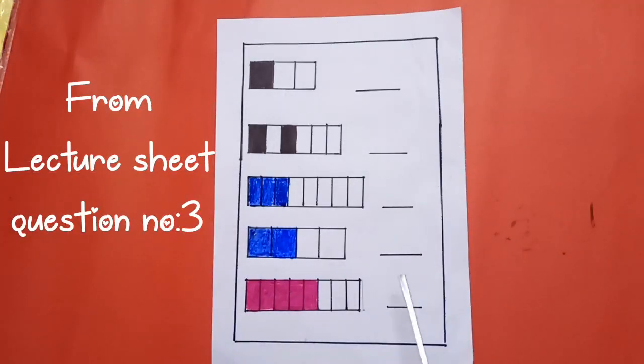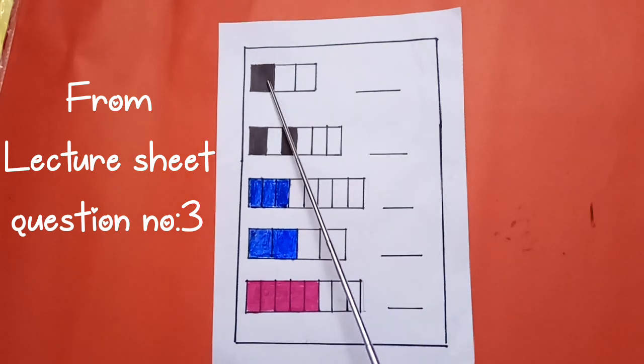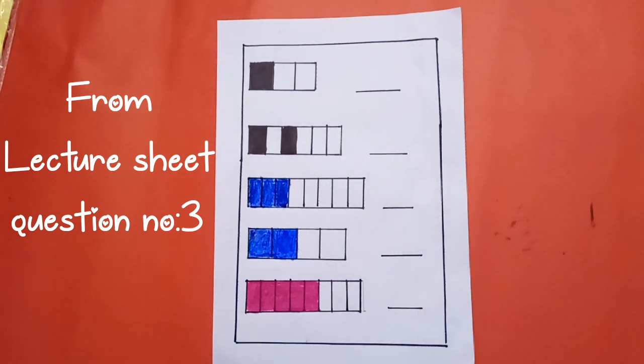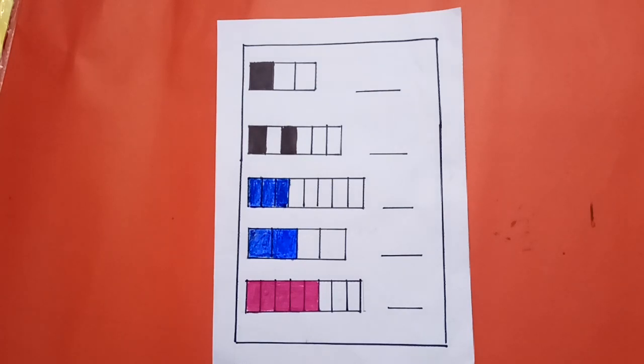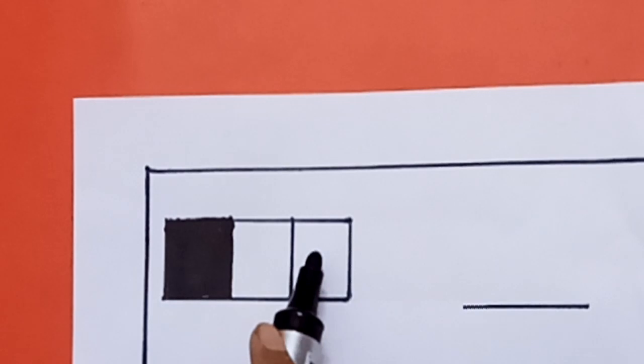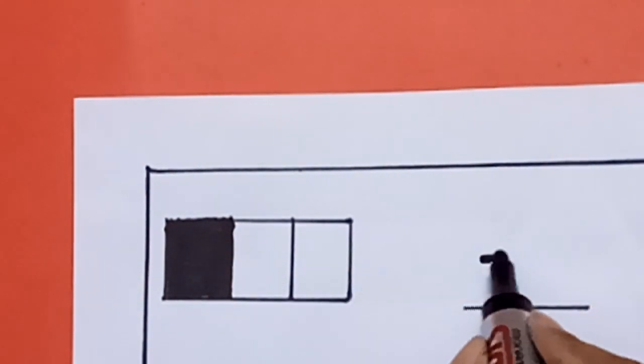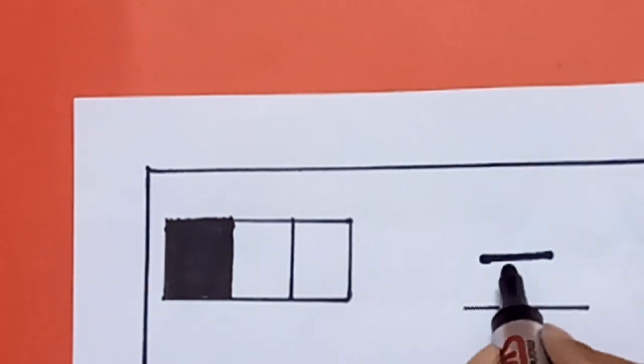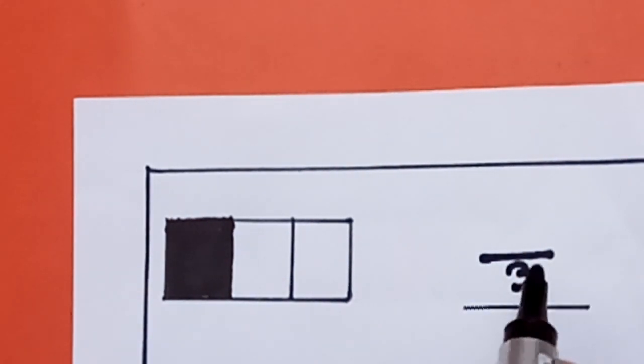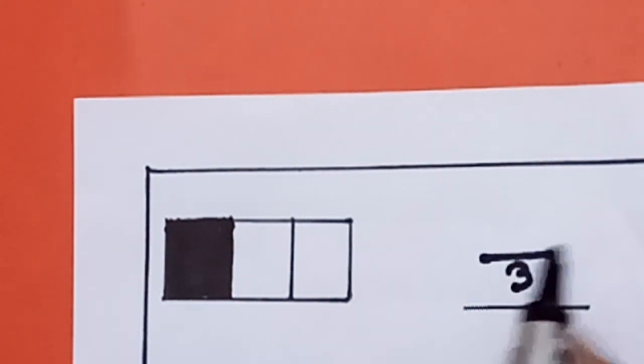In this question, you have to identify or express the colored part as a fraction. Total 3 equal parts. That's why I am writing 3 here as a denominator.